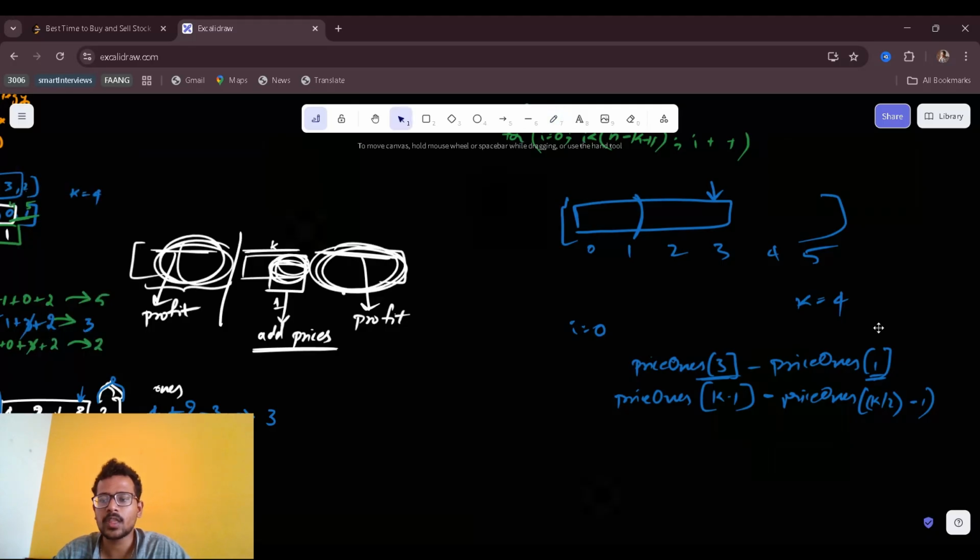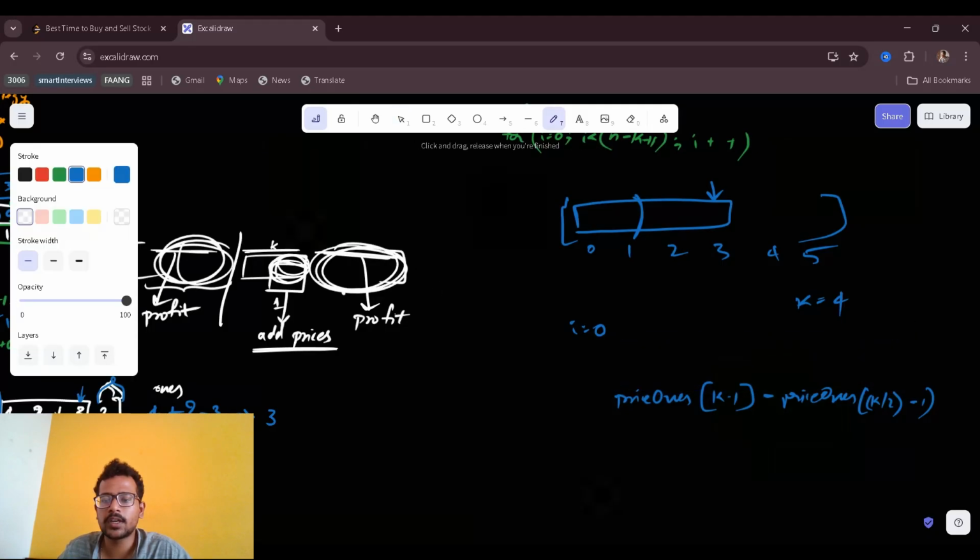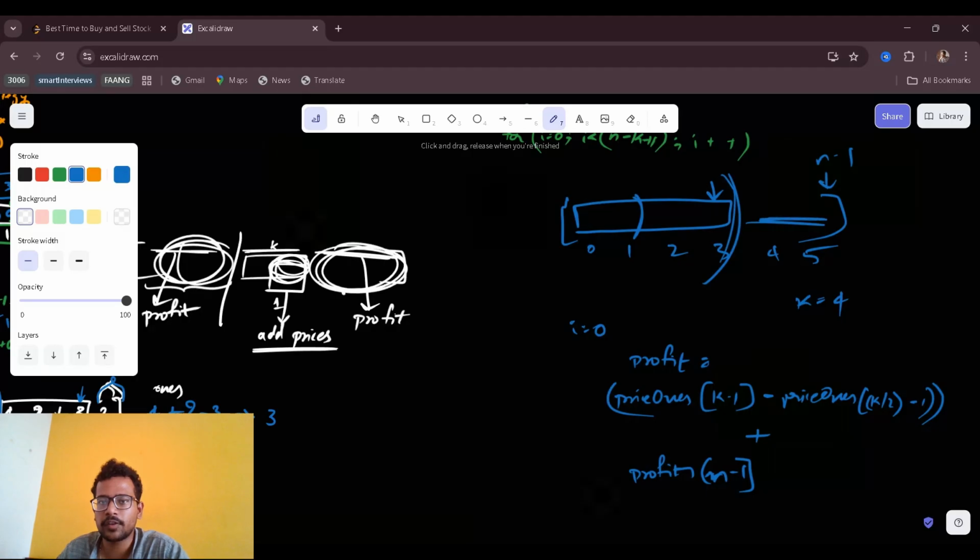So if I is equal to 1, I just do like this. Profit is equal to price ones of k minus 1 minus price ones of k by 2 minus 1 plus I need this profit, right? What is the profit I get here? So here it will be n minus 1, which is nothing but 6 minus 1, 5. So profits of n minus 1, I got this profits 5 minus, if I remove this, then I get this profit, right?